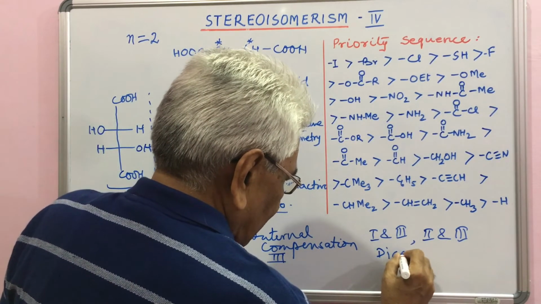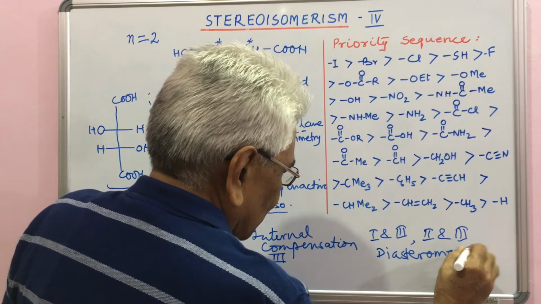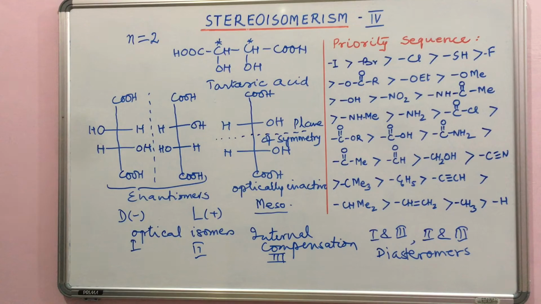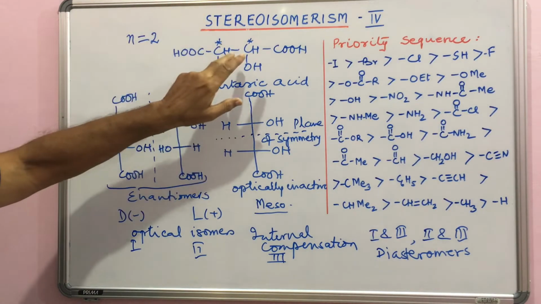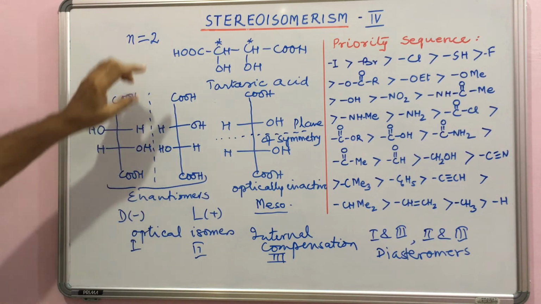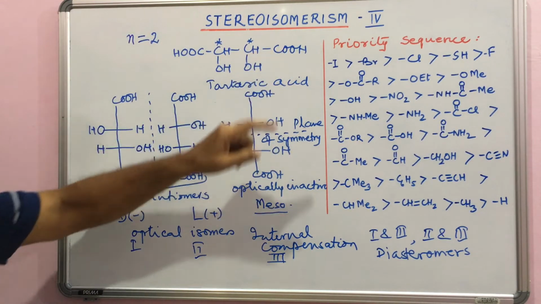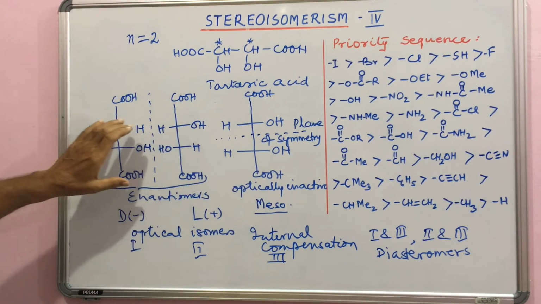I told you last time, diastereomers are the stereoisomers which are not the mirror images of each other. So, though we expect 4 stereoisomers, there is an exception here. When these two are similar, only 3 stereoisomers will be possible.